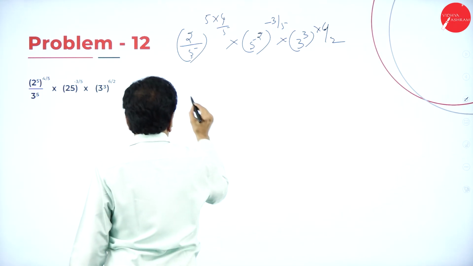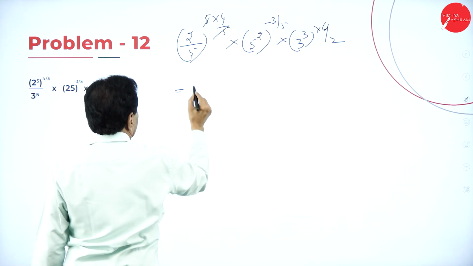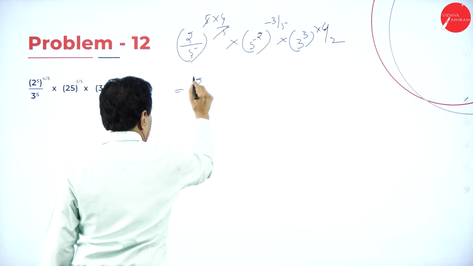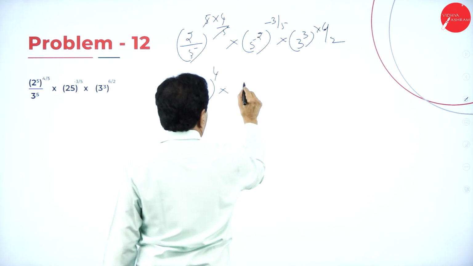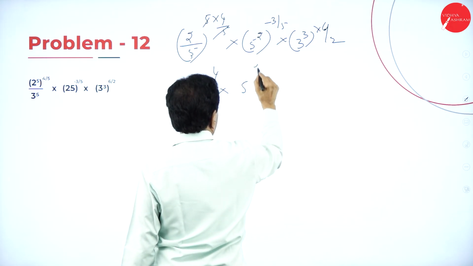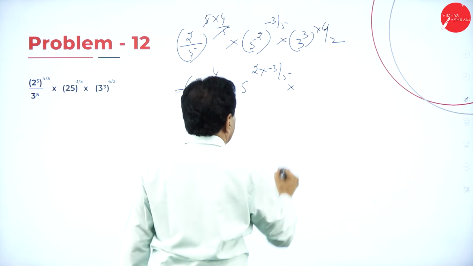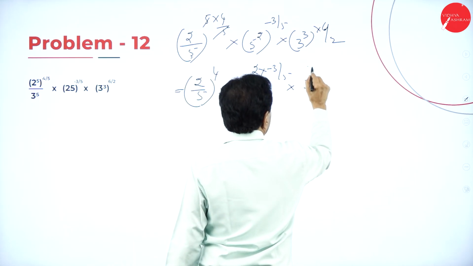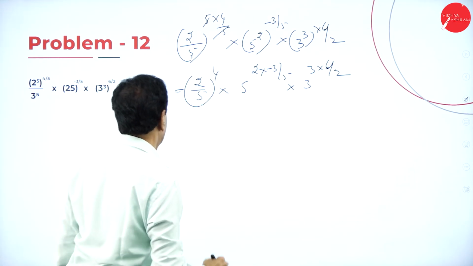Simplification. This is 5 cancelled out. This is 2 divided by 5 to the power of 4. This is 5, 2 cube, 2 into minus 3 divided by 5. This is 3 into 6 divided by 2. Simplification.